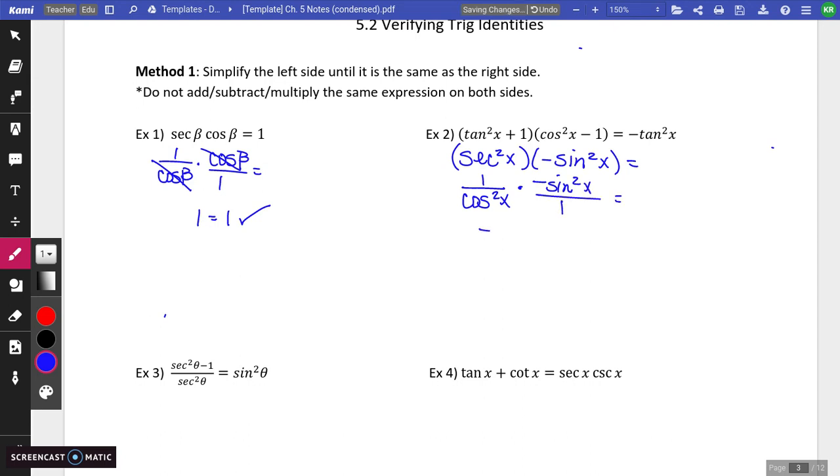If I multiply those together, I get negative sine squared x over cosine squared x. And remember, we're heading towards negative tangent squared. So tangent squared is sine squared over cosine squared. So you can simplify that, and you are good.